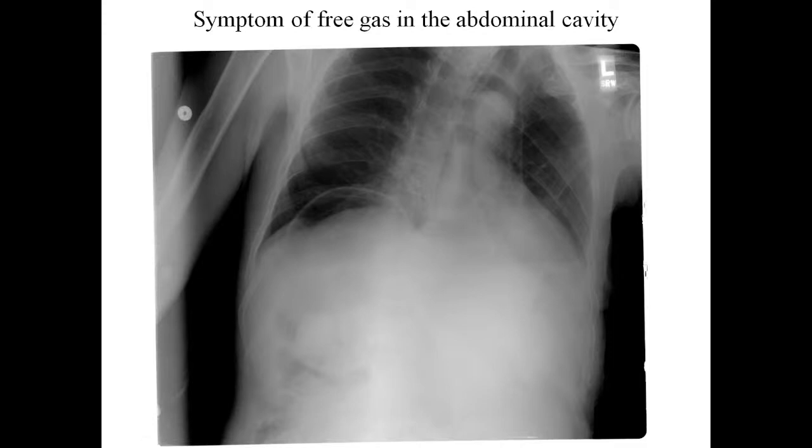When the patient has a rupture of the ulcer, free gas passes inside the abdominal cavity, and then this free gas passes up under the diaphragm, and the shadows of the diaphragm and the liver are detached.